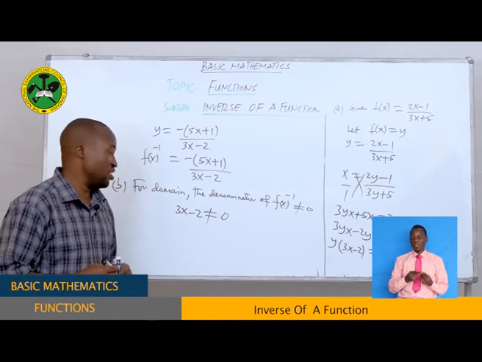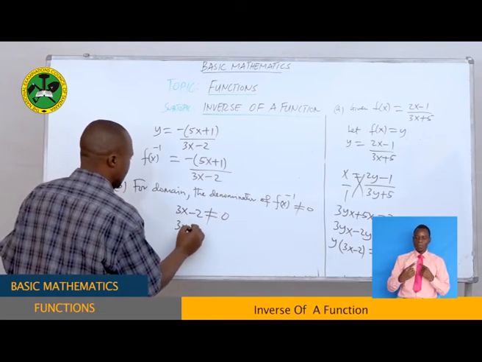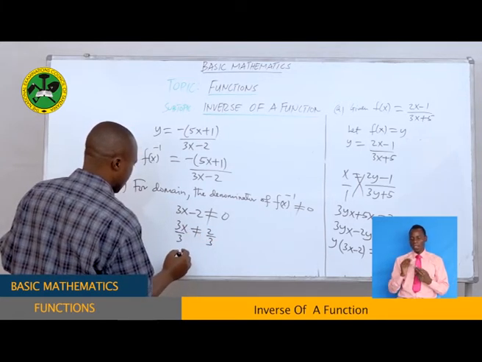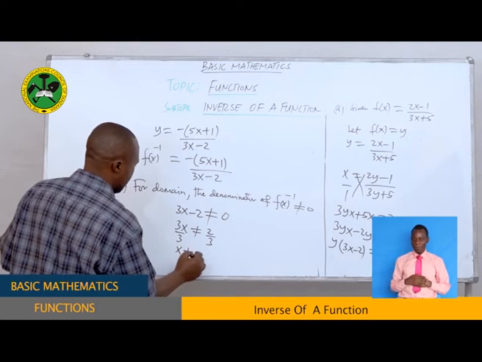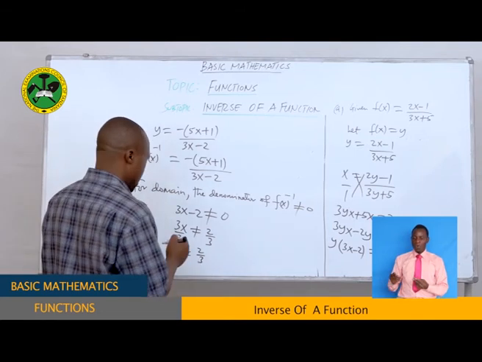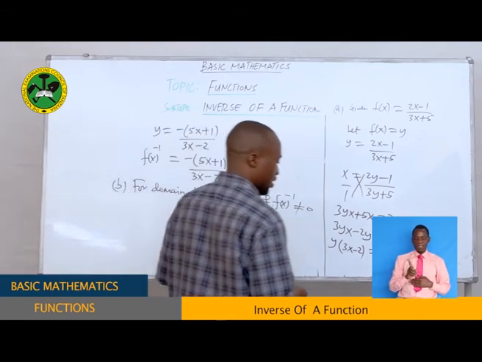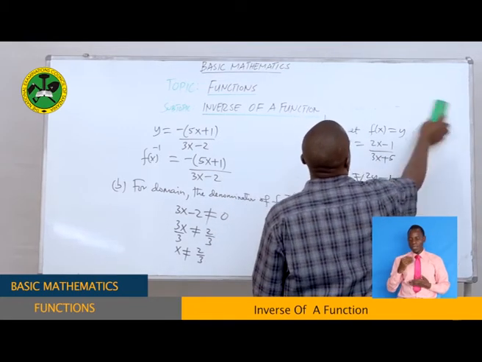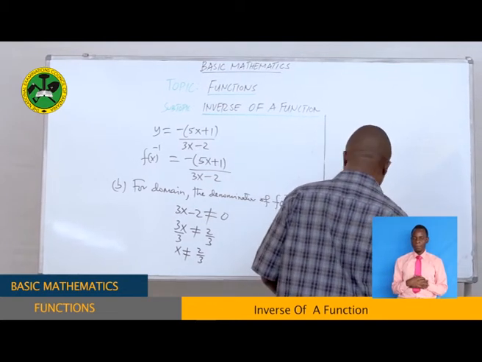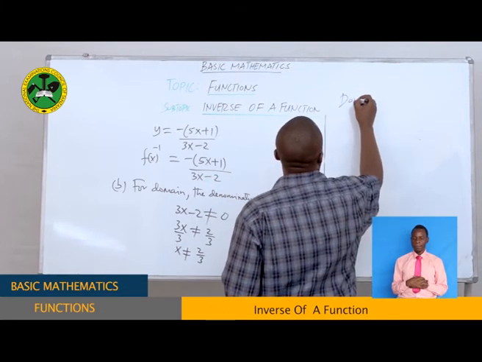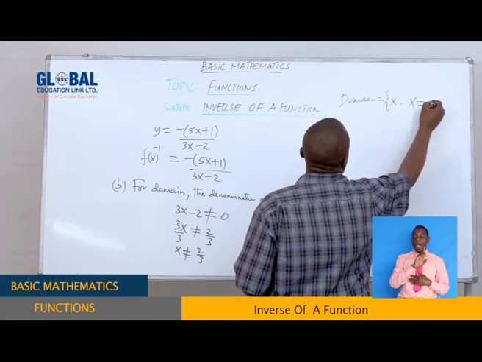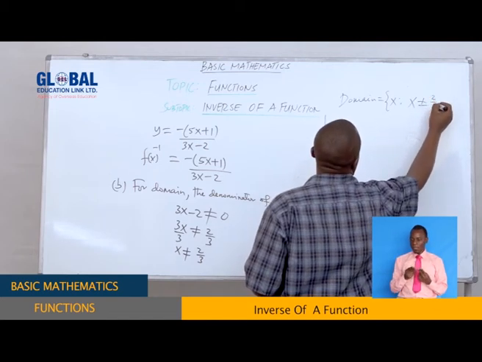That is not equal to 0. So 3x is not equal to 2, and x is not equal to 2 over 3. Therefore, we say the domain is equal to, we are talking about the x values, that x is not equal to 2 over 3.